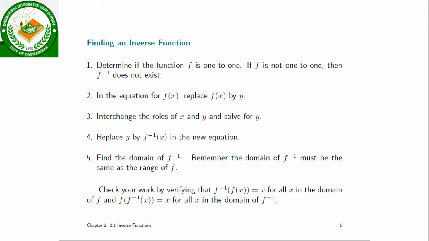So if there is an inverse, in the equation for f of x, replace f of x by y. Very easy. As simple as that. So that is the second step.